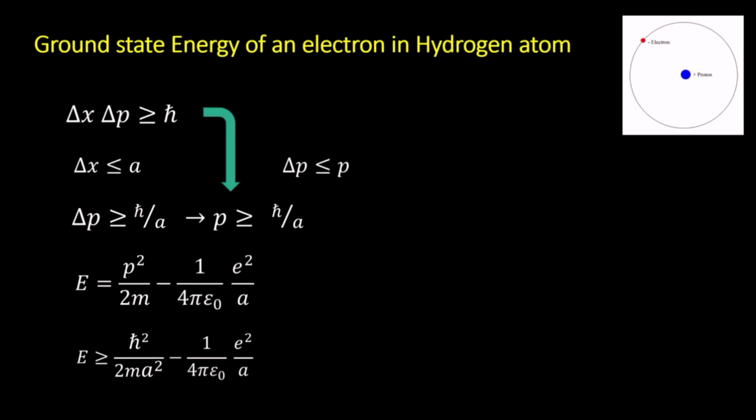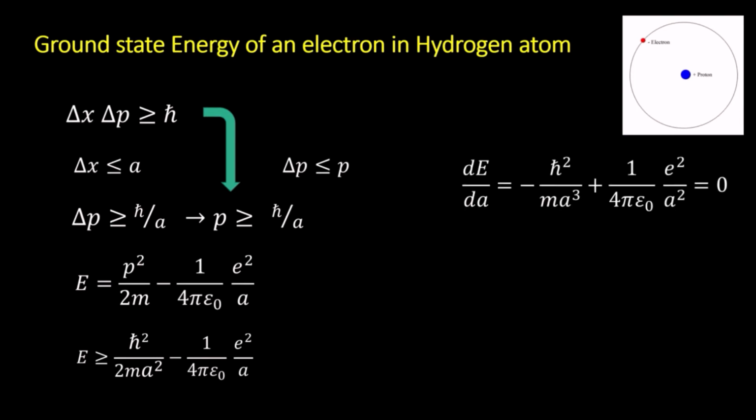For the ground state, this energy will be minimum, and hence if we differentiate the expression for energy with respect to the radius A, it must be 0. That is, dE by dA must be 0, and when we differentiate it, you get this expression.